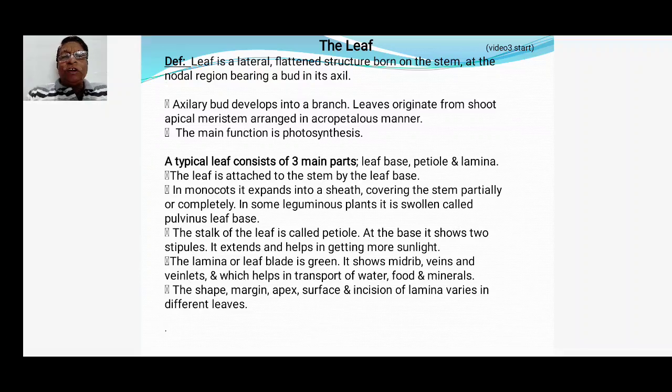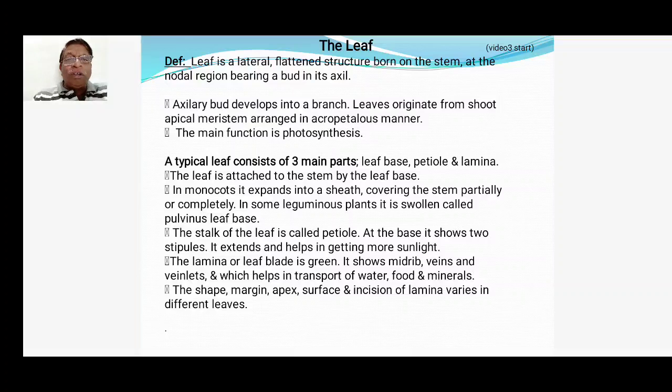Then, what is the function of the leaf? The primary function of the leaf is photosynthesis. Apart from this, it also takes part in respiration, that is, exchange of gases.